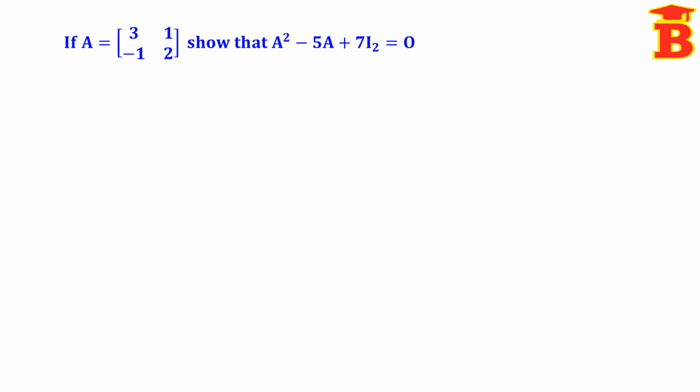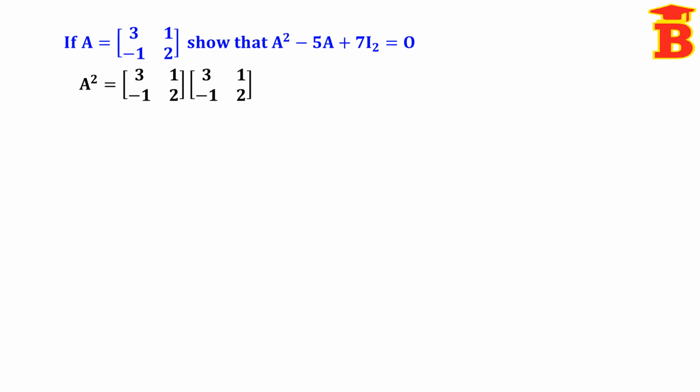So first we have to find A square, that is A matrix into A matrix. Next minus 5 into A, multiplied inside the matrix, plus 7 I2. I2 is the identity matrix, equal to, right hand side, O means the 0 matrix, that is [0, 0; 0, 0].